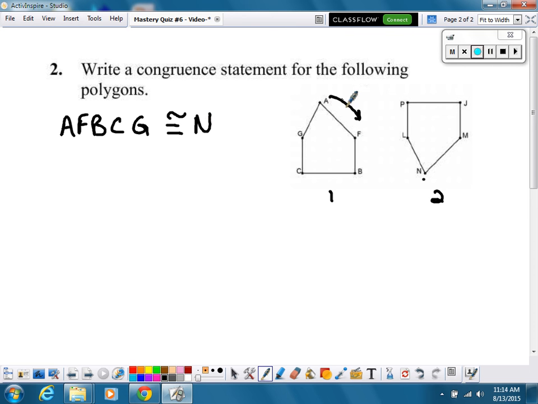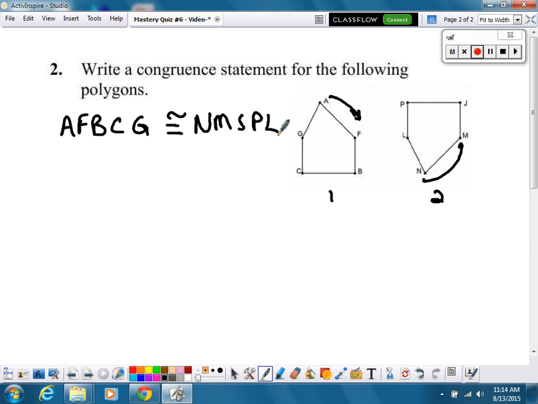I went from A over to F. So if I'm starting at N, the longest side would take me to M. And then I'm just going to keep going in order there, go up to the J, the P, and the L, and that would be my correct congruent statement.